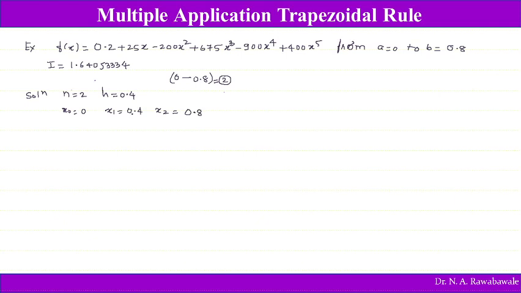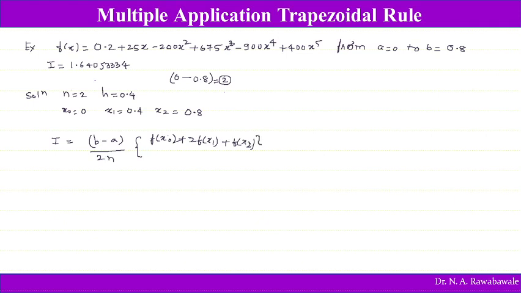For that, we need to write the formula for integration using multiple application of the trapezoidal rule. I equals b minus a divided by 2 times n, into f of x0 plus 2 into f of x1 plus f of x2.